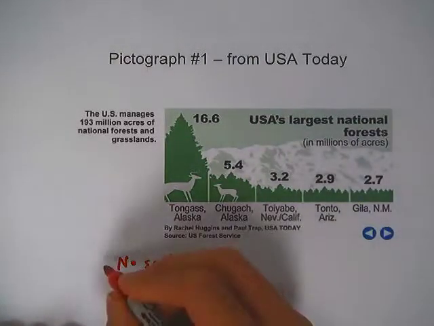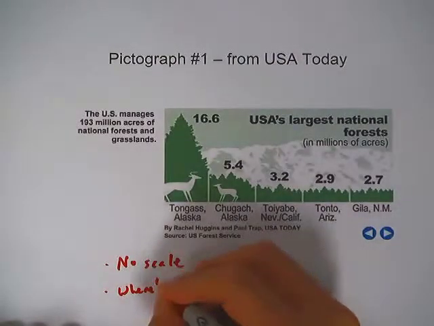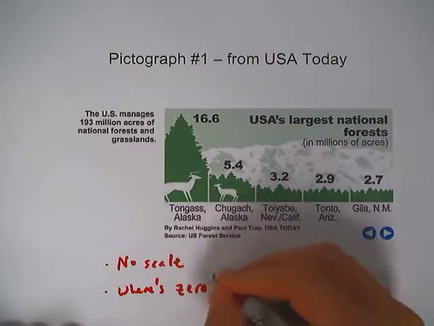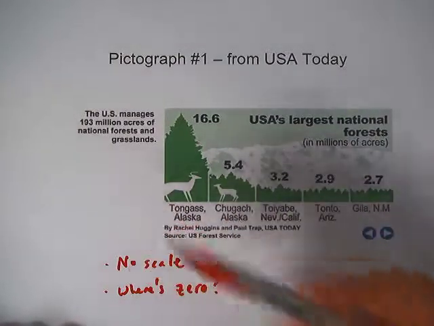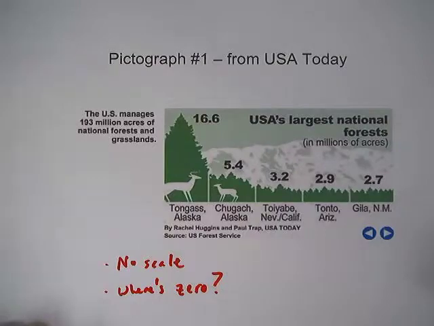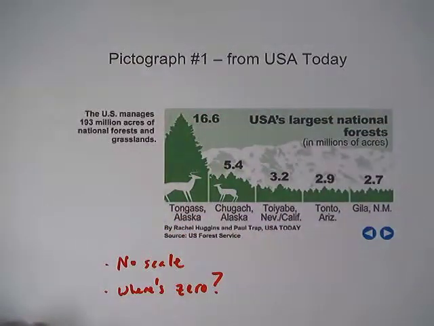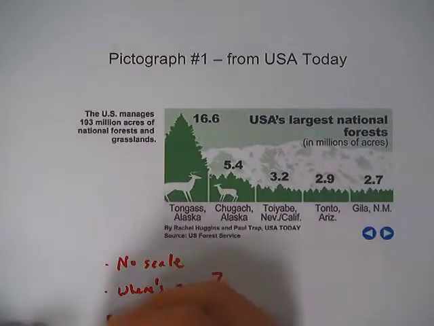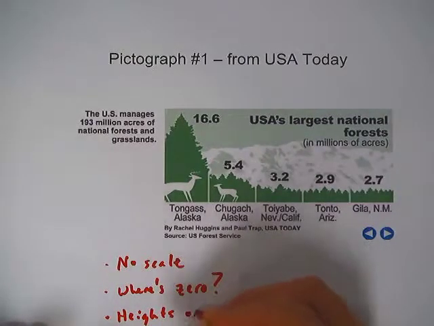The next thing, where's zero? Is zero at the bottom, or is that more like one? We don't really have an idea of where this starts. And then the other thing, are we measuring the heights of those trees or the area?